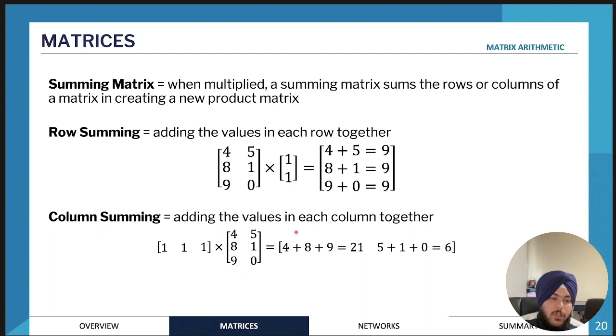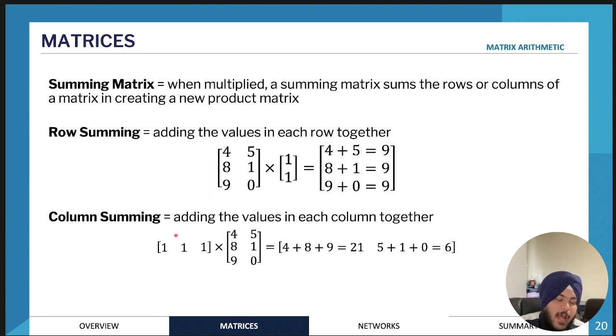However, if you want to sum up the columns, so 4, 8, 9, 5, 1, 0, if you want to add that up, what we would do instead is use a row matrix. The row matrix would have the same number of columns as the number of rows that you want to add up. In this case, we want to add up 1, 2, 3 rows.